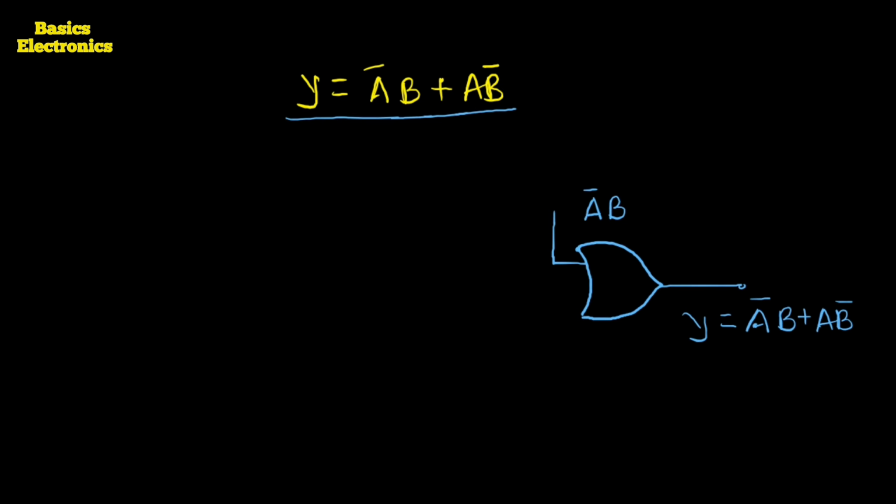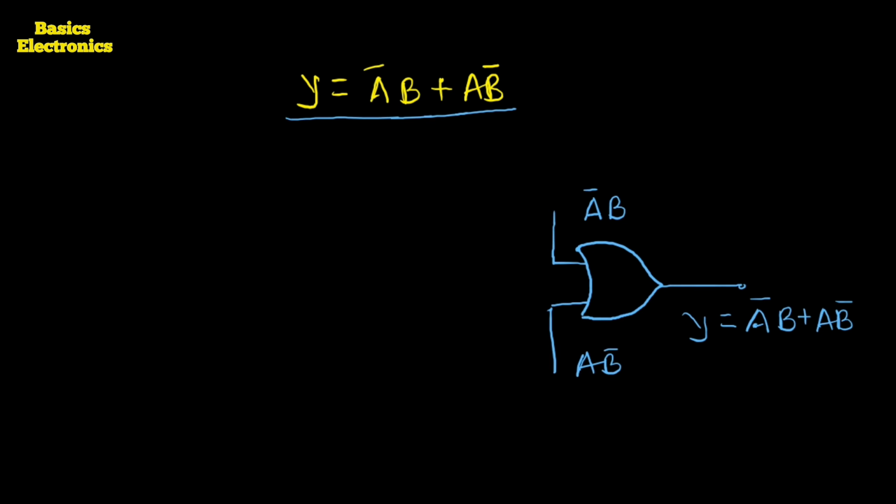So therefore we have to get the output A bar B plus A B bar. This output we get by using the OR gate. So the lower input is A B bar.